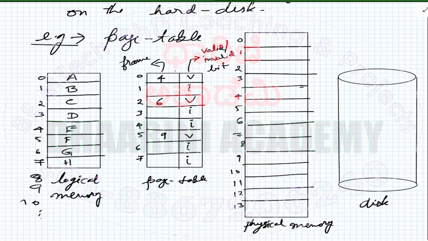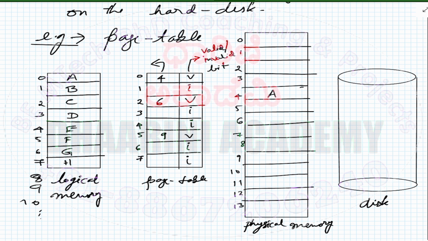This can contain where it is located in the physical memory. So for example 4, maybe the first one is A, and it says that it is present at 4. That's the usage of the page table, to identify where it is located, and the address can also be present over here. So right now we are using this address, so 4 is A.